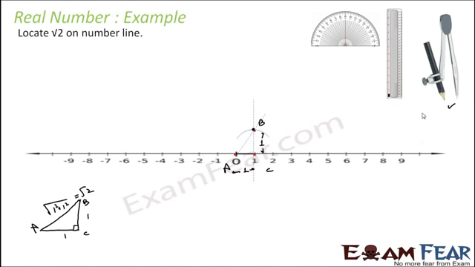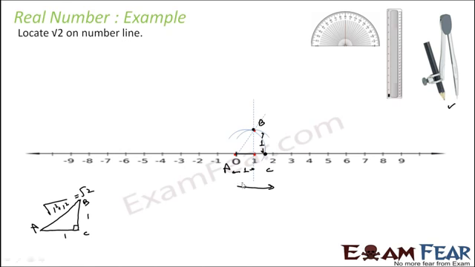So I can again take the compass and measure this line, and then using 0 as center, because my 0 is center now, I can draw this arc. This arc will cut this number line at this point, and this will be the length root 2.